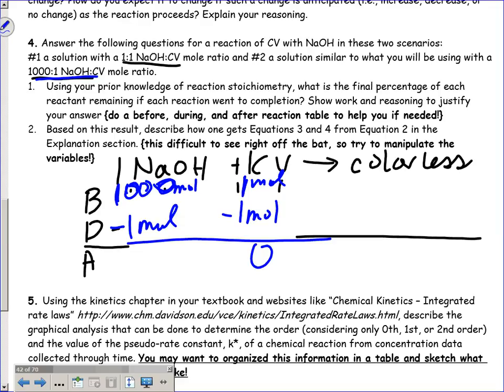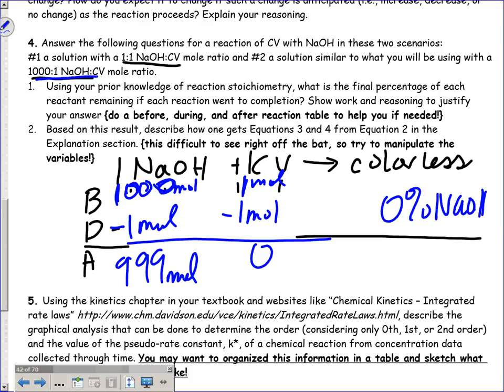And after the reaction, you're still going to have 999 moles of this left over. Then it said to tell me the percent of sodium hydroxide left over. For the first one, it was 0% left over because it was 100% consumed with the CV. And this one, how much is left over? 99.9% left over, right?